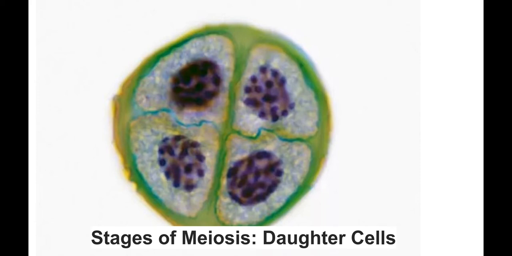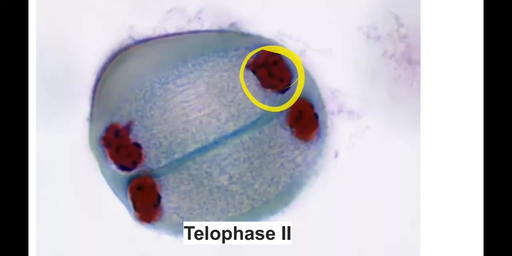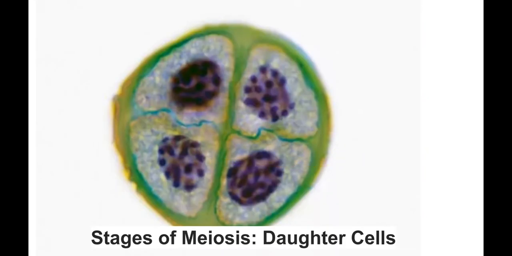And in principle, we can see here some chromosomes, but okay, maybe these chromatin fibers then again condense into chromosomes.